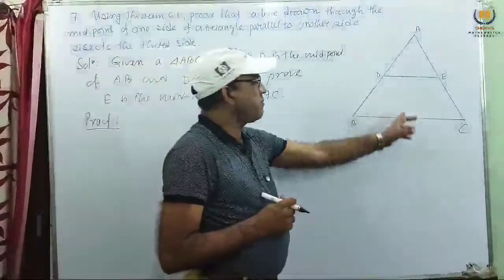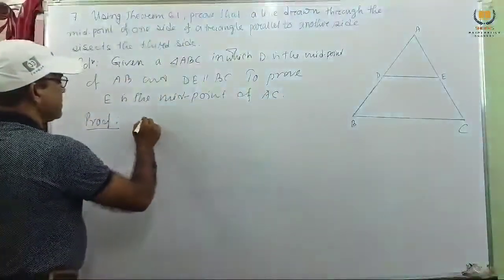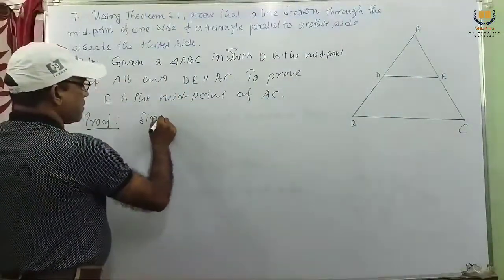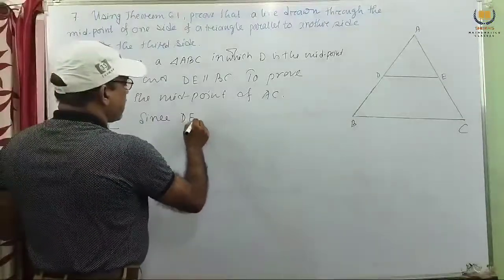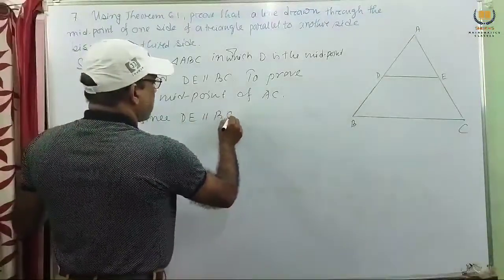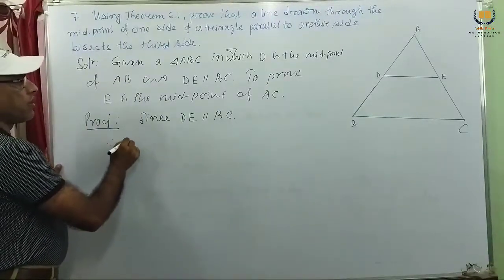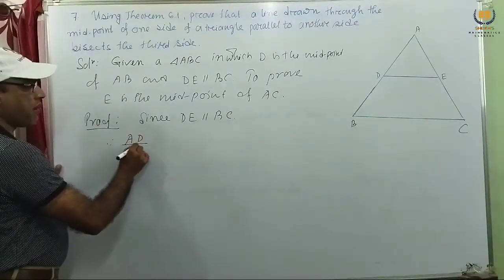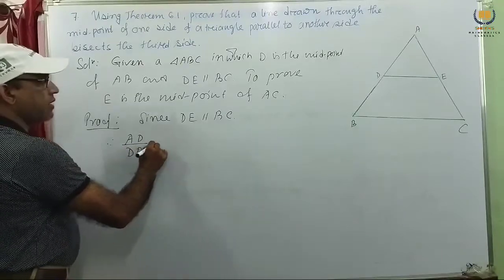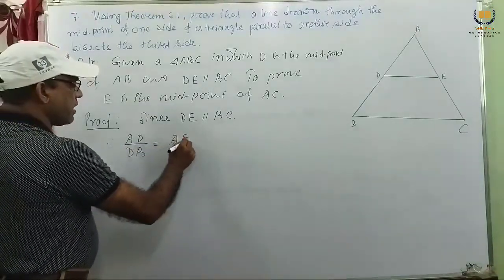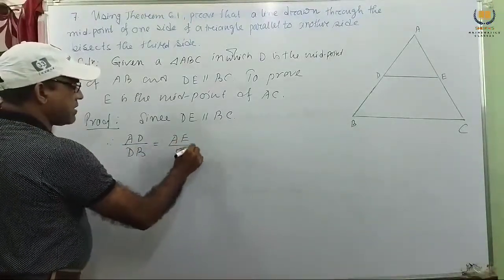Proof. Since DE is parallel to BC, therefore we get AD by DB equal to AE by EC.